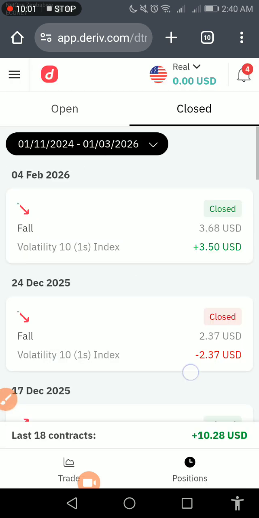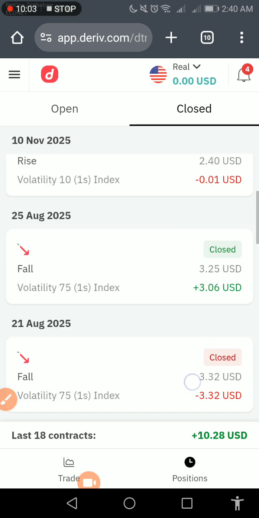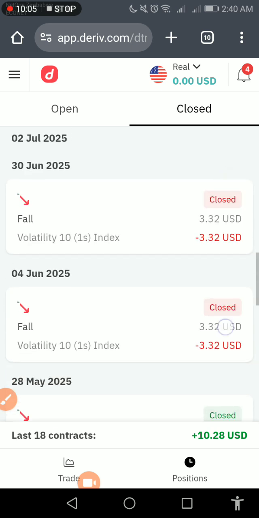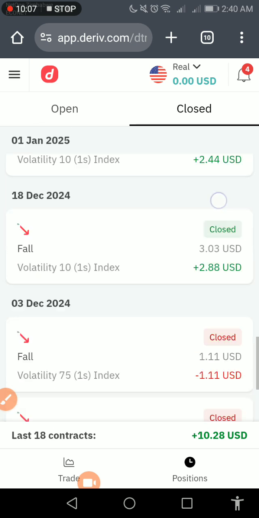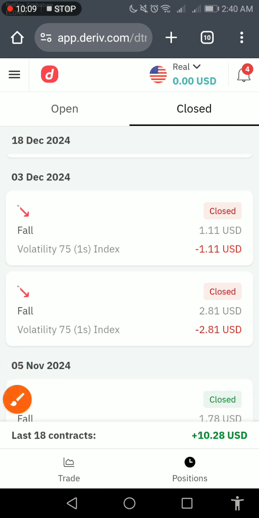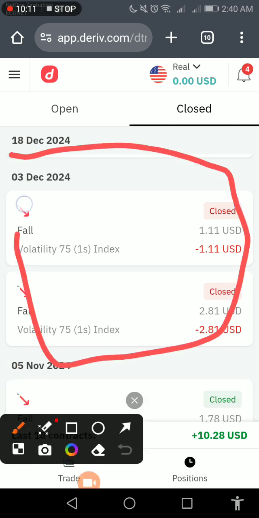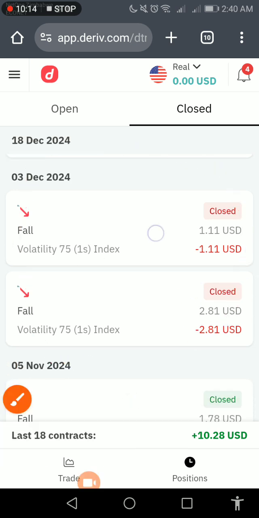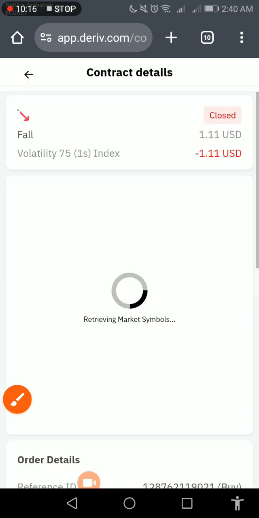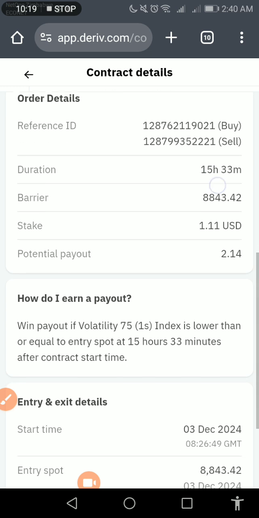And then for the other, there was also another such trade like that, which I closed even after a few seconds. And then for this one, I also only count this as one trade because I had opened with a smaller stake amount risk than I should have.